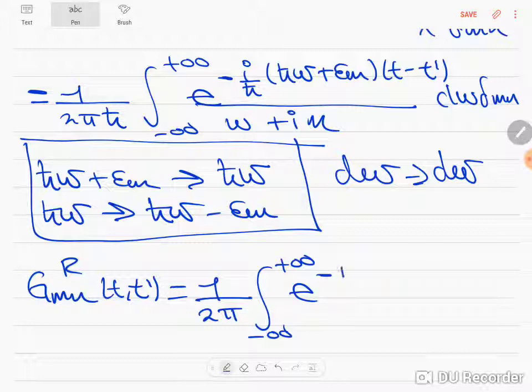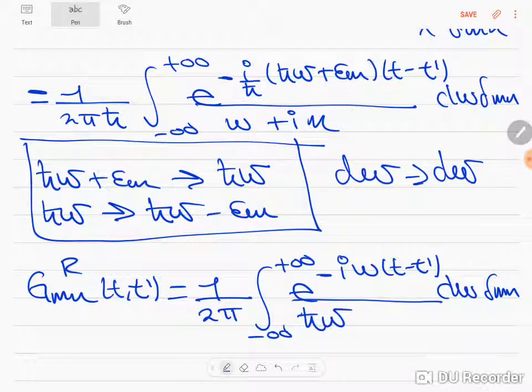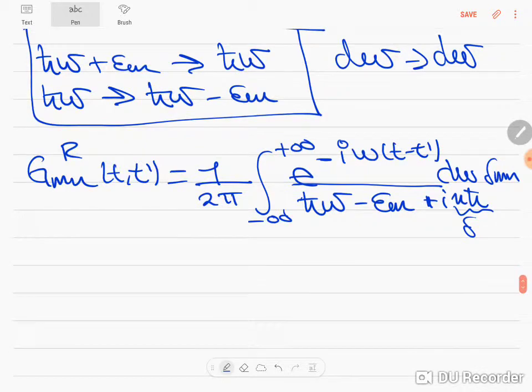We have e to the minus i omega (t minus t prime) d omega, delta_mn, and downstairs we have h bar omega minus E_m plus i eta times h bar. All of these things here I will call delta because it's sufficiently small, which is what I want.